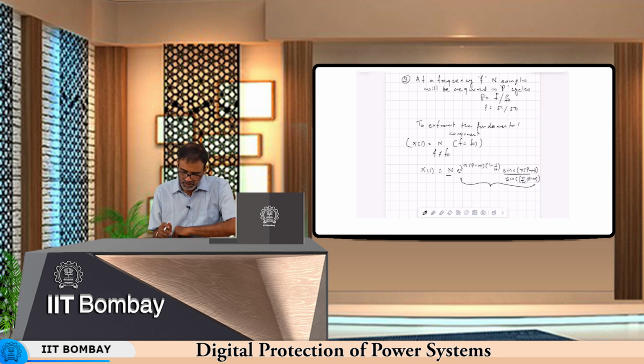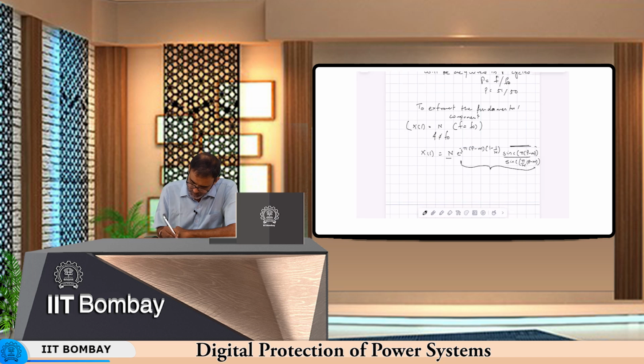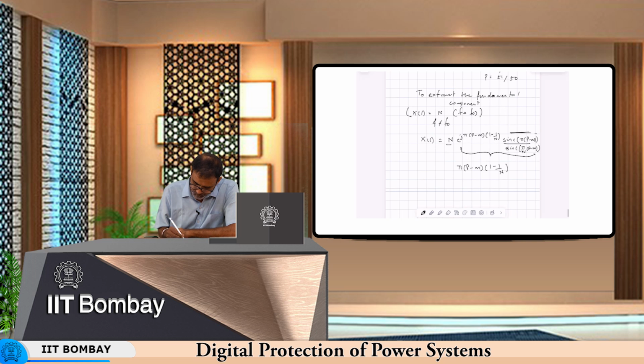we get what is known as DFT leakage. This part is known as the magnitude leakage, and this part, pi (p minus m)(1 minus 1 by N), is the phase angle leakage.